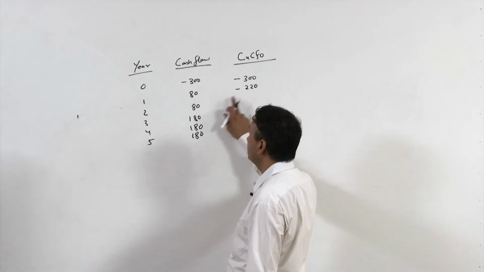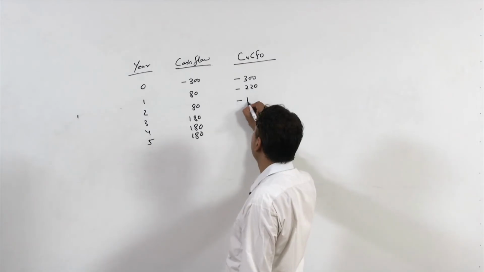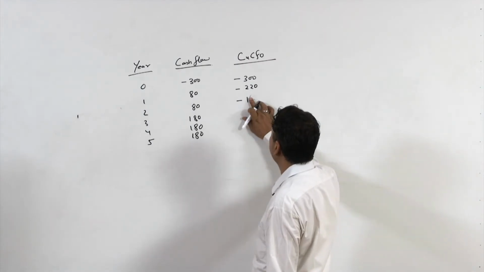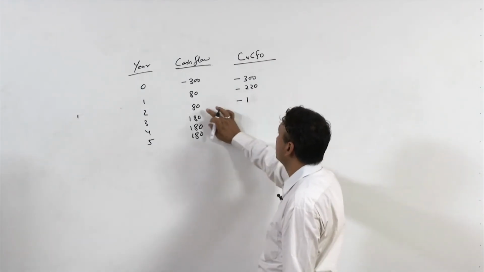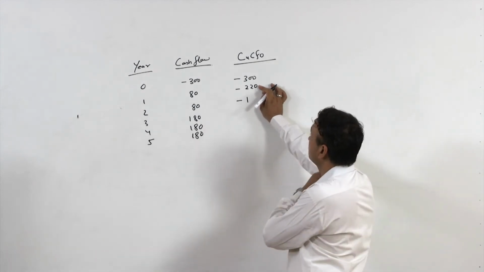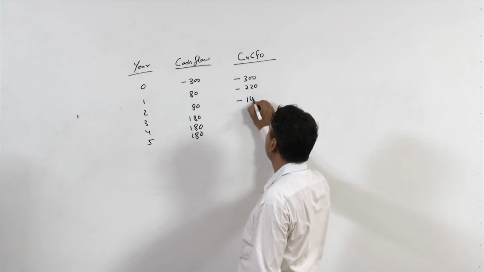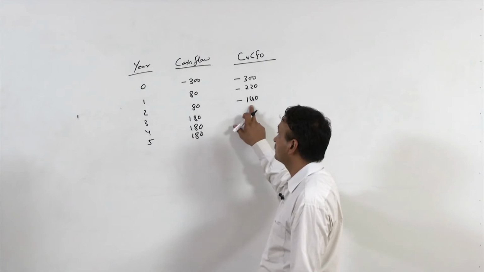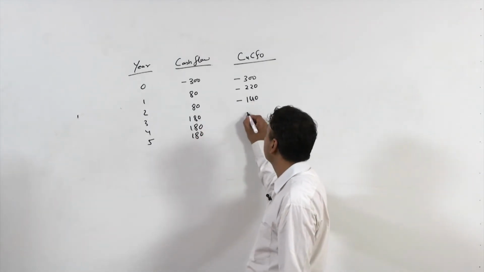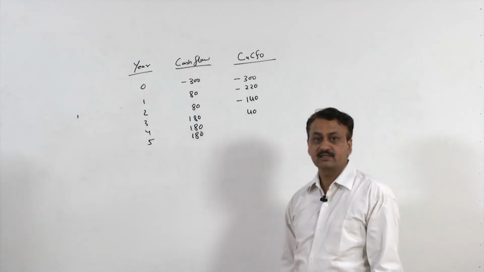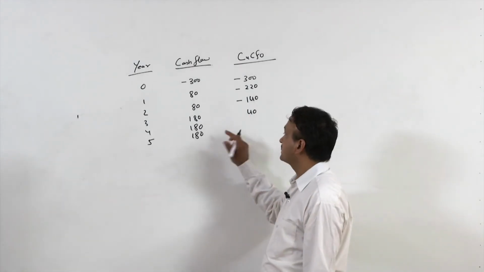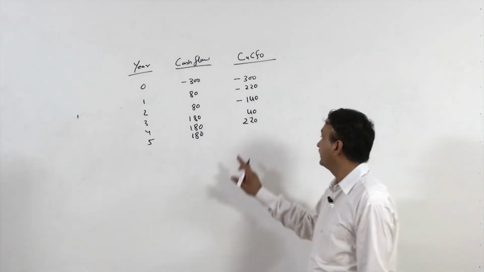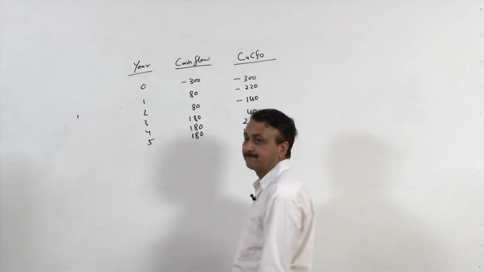Minus 220 plus 80 becomes minus 140. Then minus 140 plus 180 is 40. 40 plus 180 is 220, and finally 400.